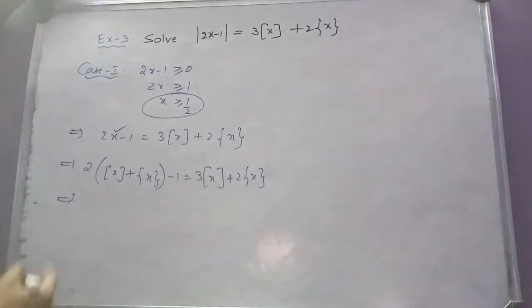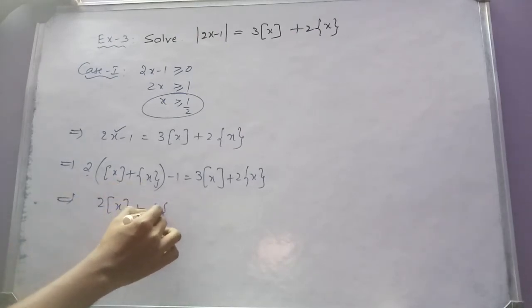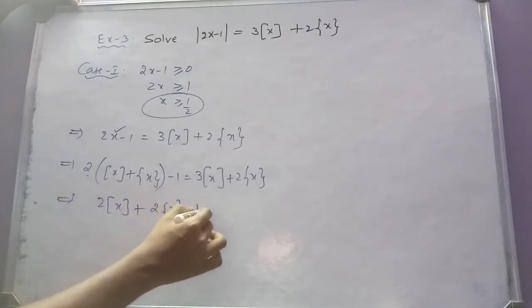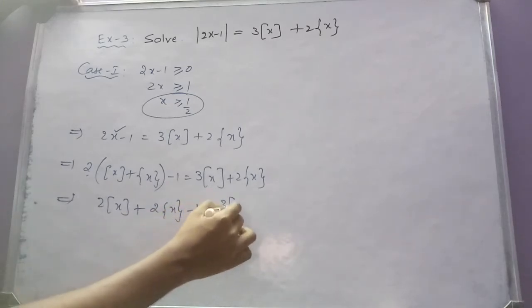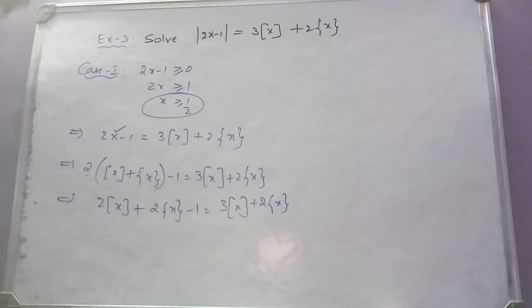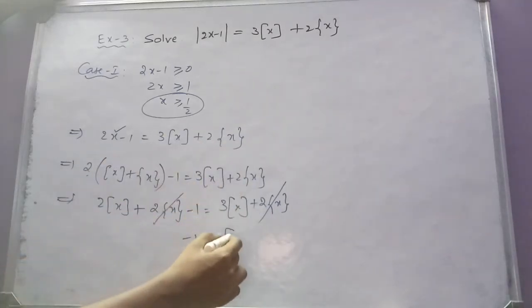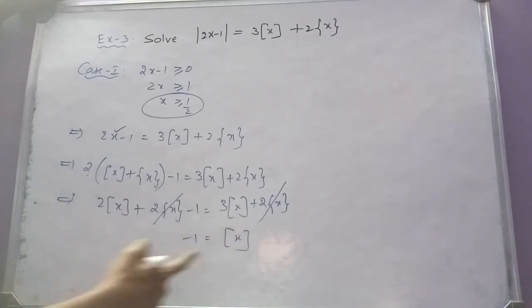So expand this, 2 into step x plus 2 into fractional part of x minus 1 is equal to 3 into step x plus 2 into fractional part of x. Observe that 2 into fractional part of x will get cancelled on both sides, and I will get minus 1 is equal to, take this right side, you get step x. So therefore step x is equal to minus 1.